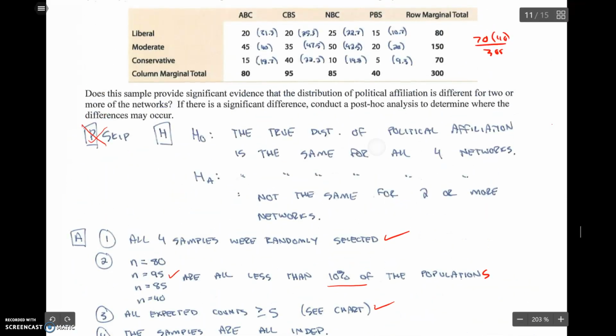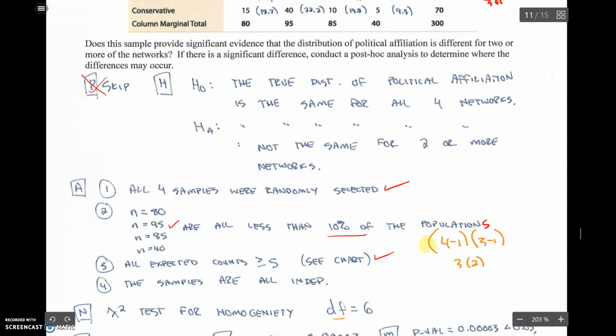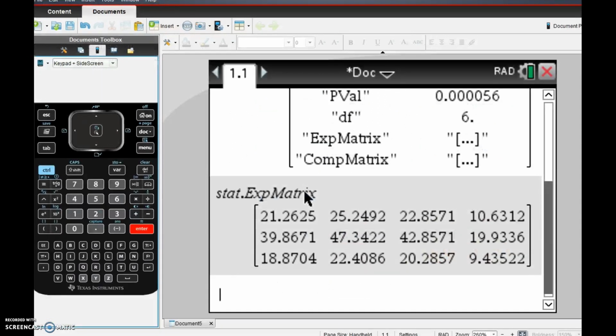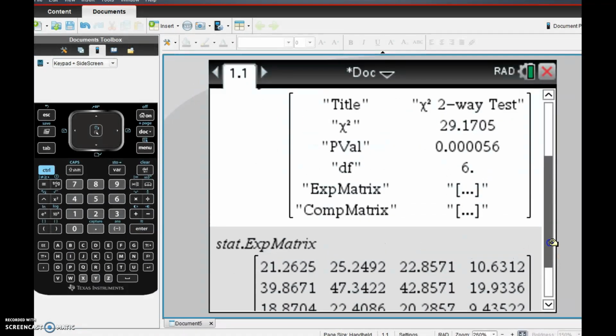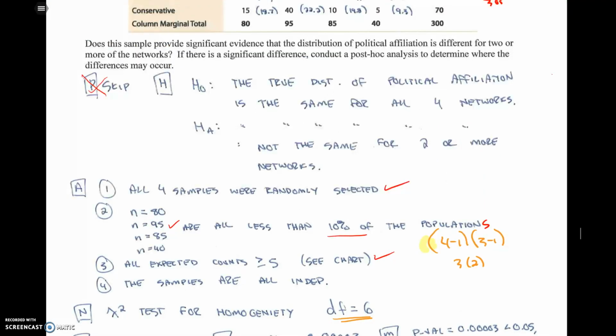Degrees of freedom. 4 minus 1 times 3 minus 1. That is 3 times 2, also known as 6. Or, just look at your computer output, 6 degrees of freedom. Okay. Test statistic, chi-squared, p-value, copy those down.